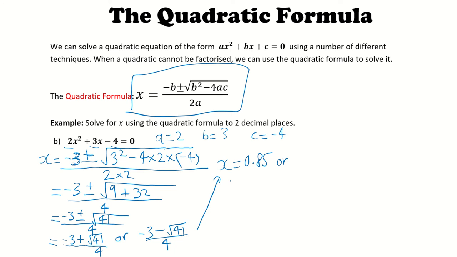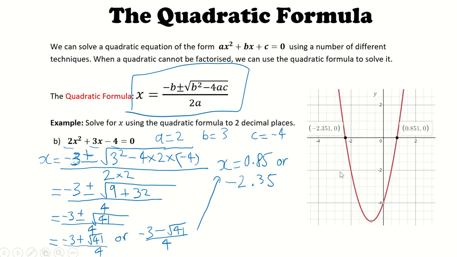So x is equal to 0.85 or minus 2.35. So those values of x make this equation true. And if we plug it into Desmos, so if we type in y equals 2x squared plus 3x take 4, we get this quadratic. And if we look carefully and we click on the x-intercepts, we get the 0.85 and we get the minus 2.35.